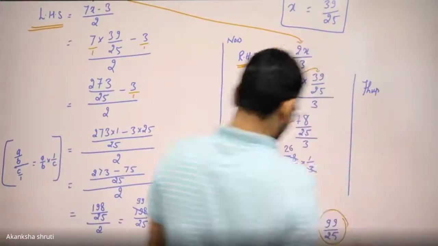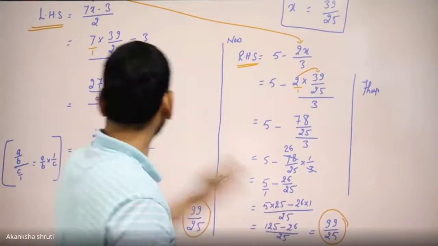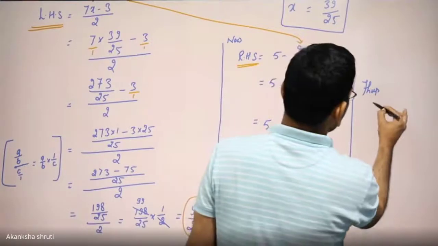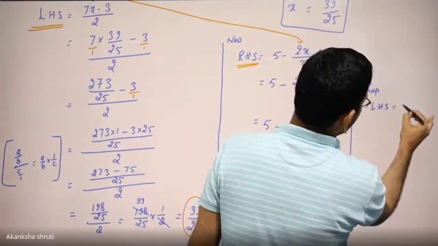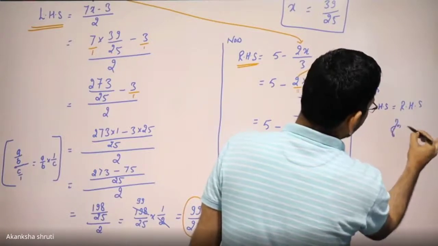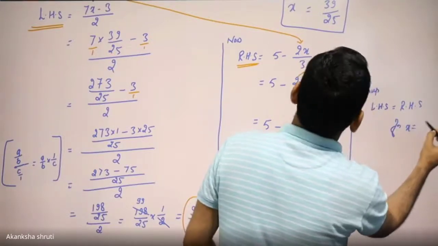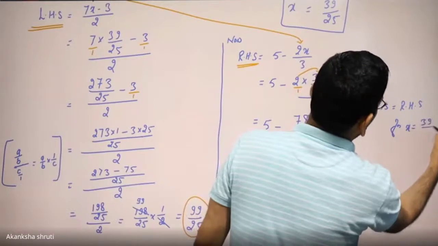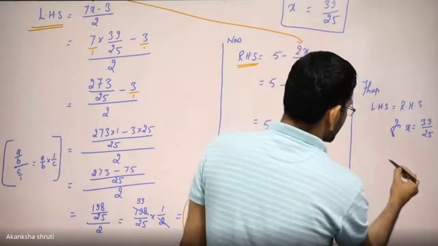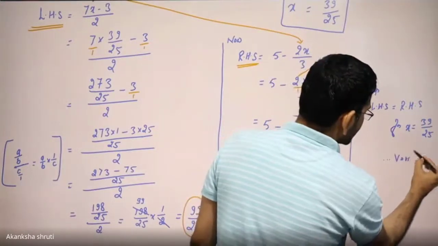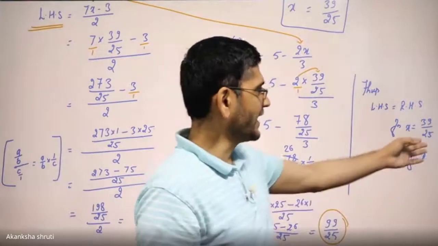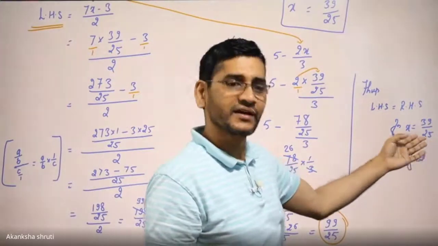Thus, LHS is equal to RHS for the value of x that we have calculated here, 39 by 25. So this way it is verified. And this verification tells that the value of x that we have calculated is correct.